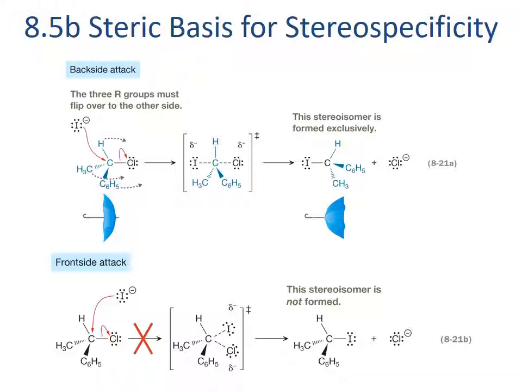Because the iodine needs to come in at the same time as the chlorine leaves, the stereochemistry is absolutely going to be controlled in these cases. We say that the stereocenter is inverted. In many cases, SN2 reactions are preferred because of this stereospecificity, that is, the tendency to form only one stereoisomer.